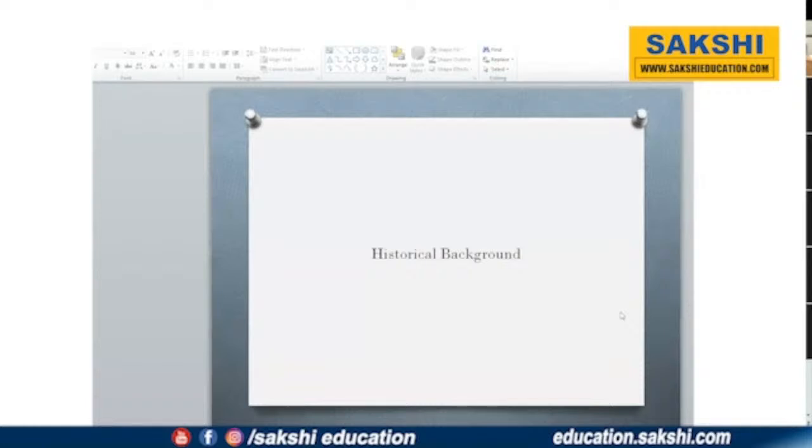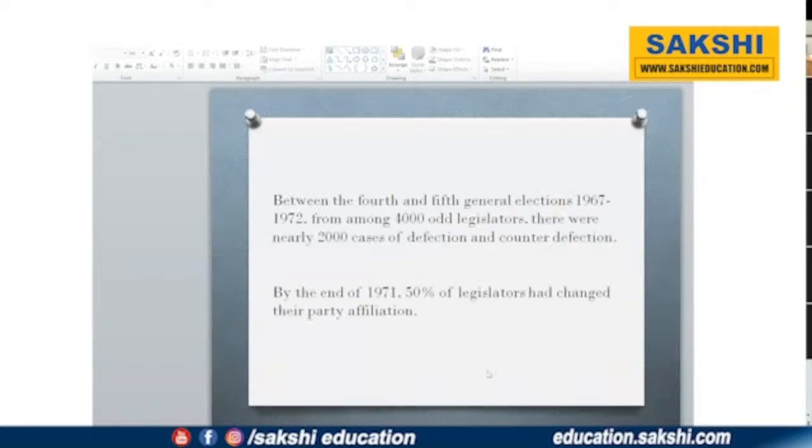Once the government was installed, the people who hadn't got portfolios, either ministries or important portfolios, started to look for alternatives.